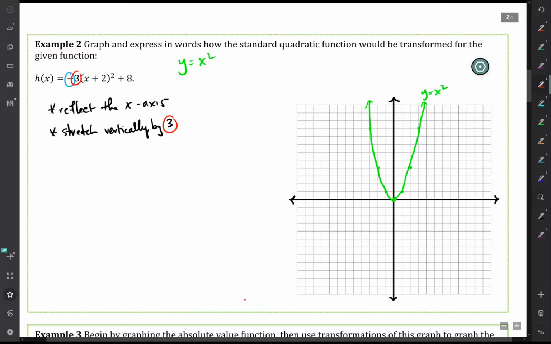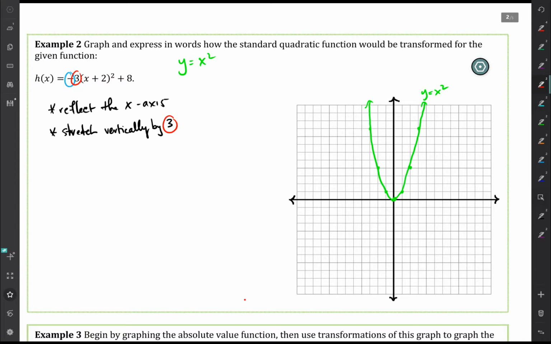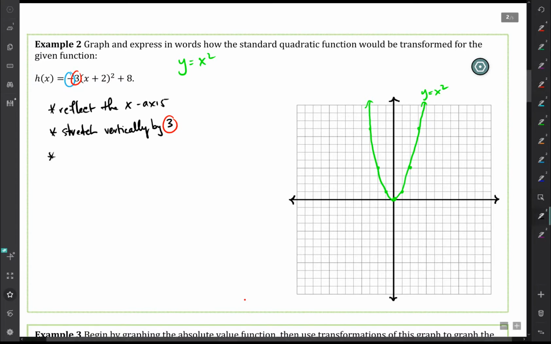So that's coming from that 3 there. Then we need to shift left 2 units and then shift up 8 units.